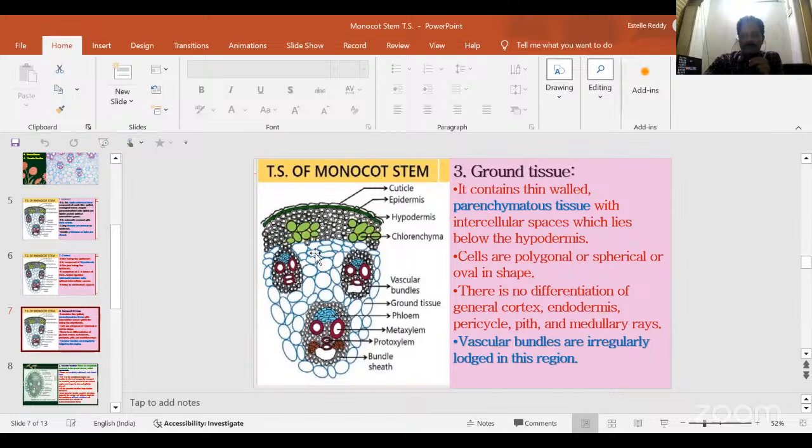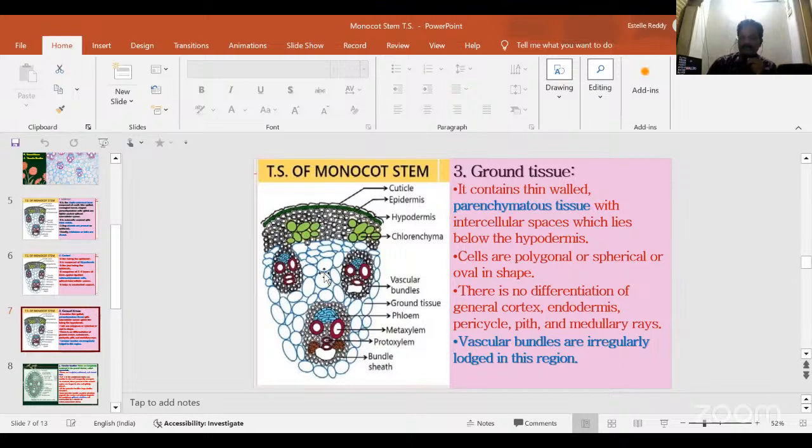They are spherical, polygonal or oval in shape, and of different sizes. Some are very small and some are larger. They have intercellular spaces, empty spaces left between the cells. The main role of ground tissue is storage. It stores food materials.